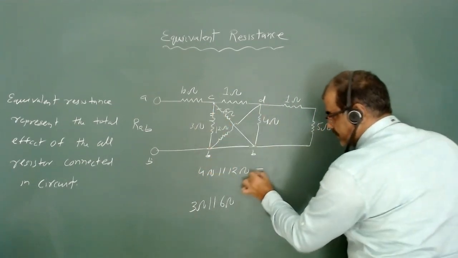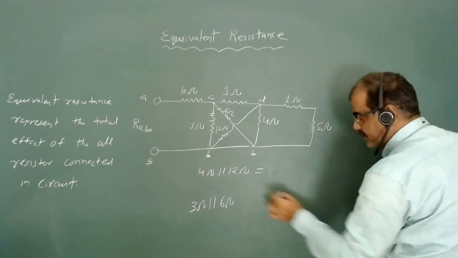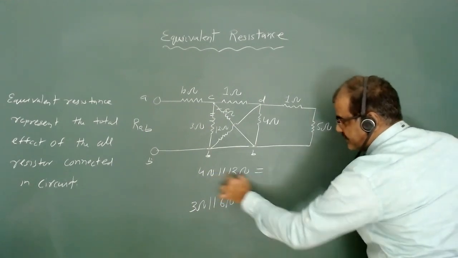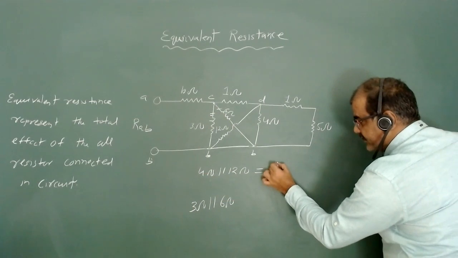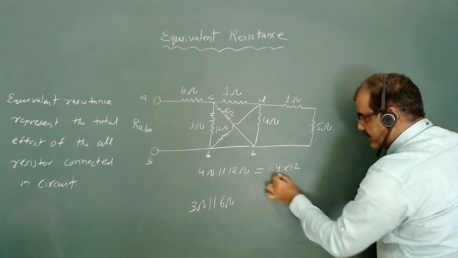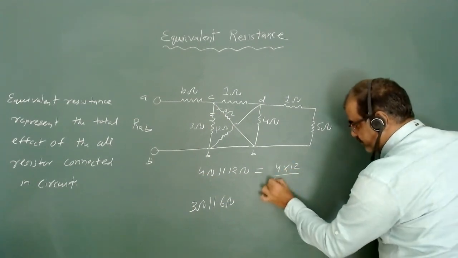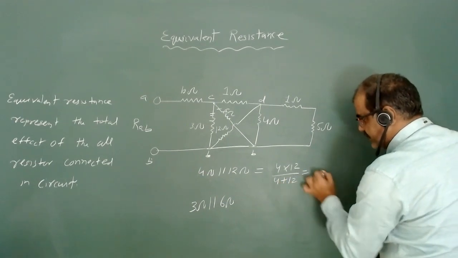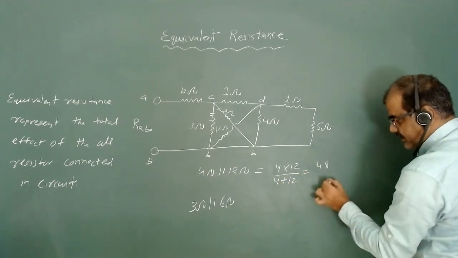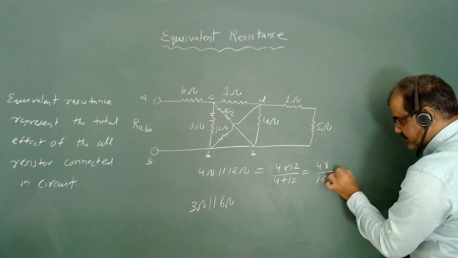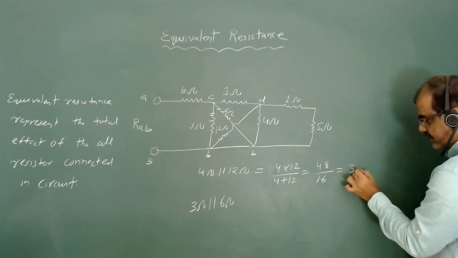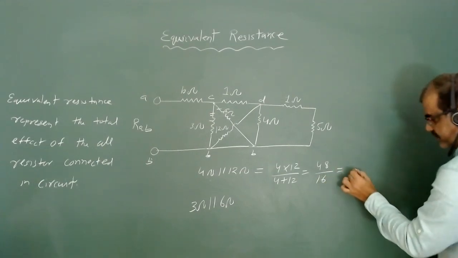Now I can write the total resistance of these two resistances: 4 into 12 upon 4 plus 12, that is 48 upon 16. So this will give me total resistance equal to 3 ohm.